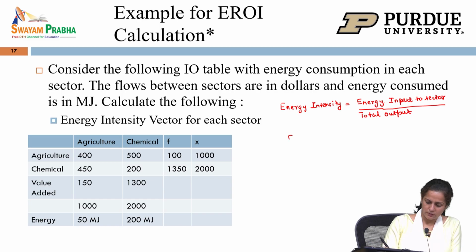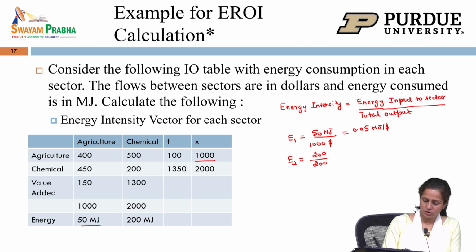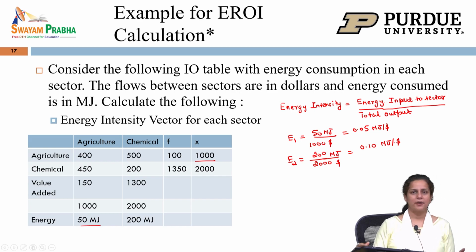For sector 1, to calculate the energy intensity 1, we have 50 megajoules as the input and the total output is $1000. So, your energy intensity is 0.05 megajoules per dollar. For the second sector, our energy intensity will be 200 divided by 2000, megajoules per dollar, so this will be about 0.10 megajoules per dollar.